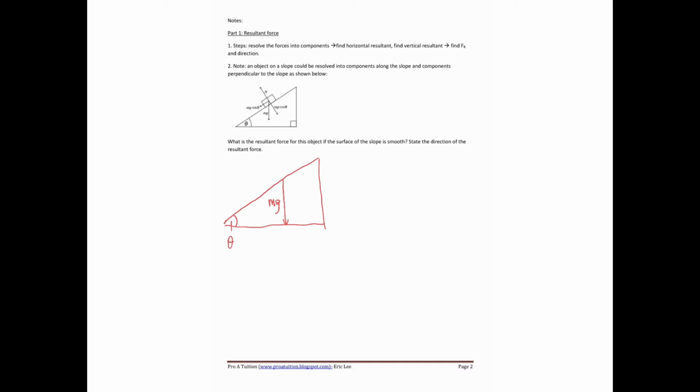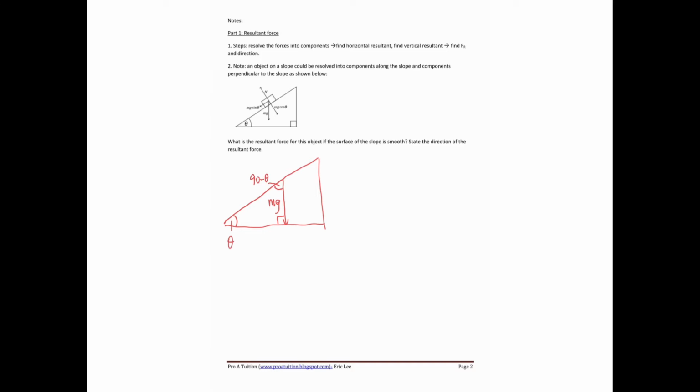We have to know that here is 90 degrees, and after all, this is a right angle triangle as well. If you have a right angle triangle, the total angle is 180 degrees. So 180 degrees minus 90, we still have 90. Then 90 minus again with theta, so the remaining angle is 90 minus theta.